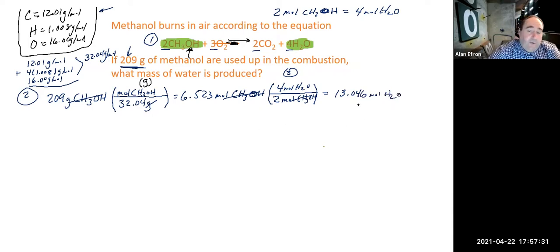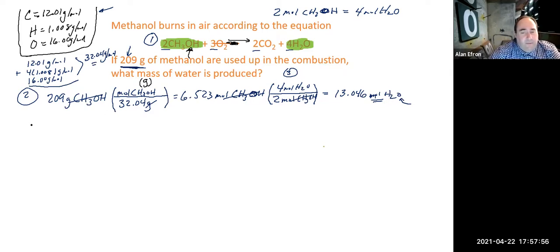At this point, we're close to what we want, but we are in the wrong unit since we are looking for grams. So what we're going to do is we're going to then need the molar mass now of water. Remember, sometimes people at this point will use the same molar mass, but you have to remember you have converted now to water.